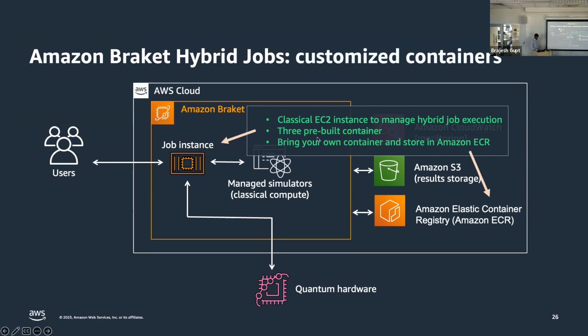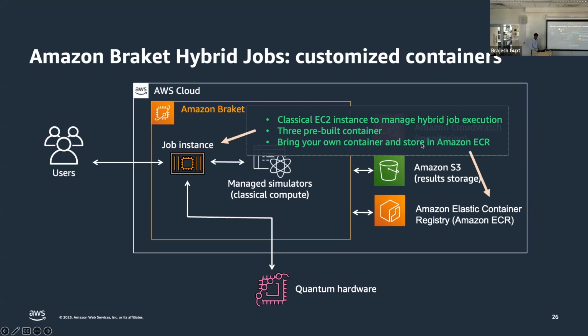Then there are three pre-built containers. You can use these pre-built containers, which have pre-built programs such as PennyLane, TensorFlow, PyTorch, and other useful libraries. But if those are not enough, and you want to bring your own software package or something that is not available here, you can bring that through custom containers as well.